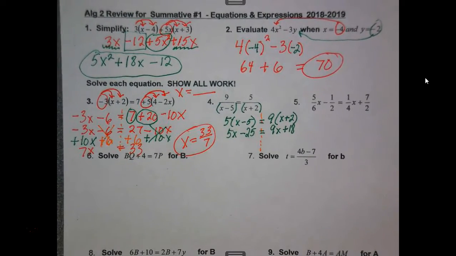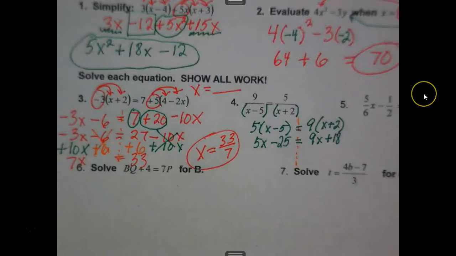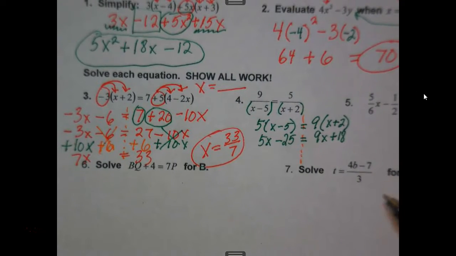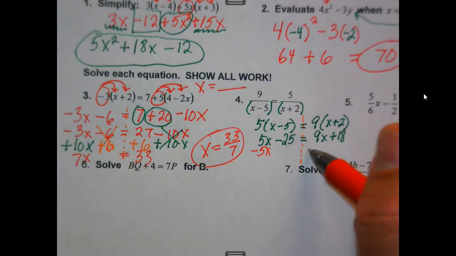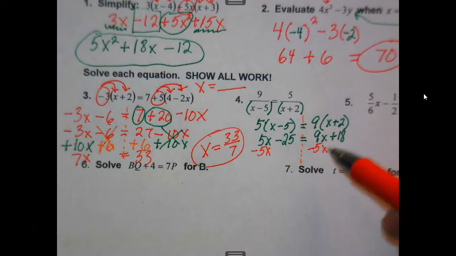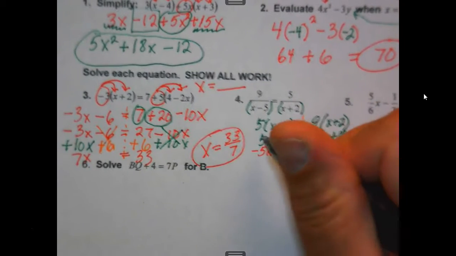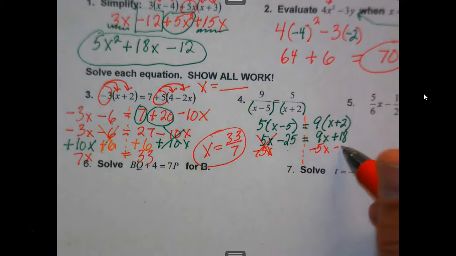So you're going to subtract 9x from 5x and 25, right? I'm going to subtract 5x from both sides. Well, it's just going to keep my x term positive. That's the only reason why I do it. Yes, you will come out with the same answer. So I've got to get this number to the other side. So I'm going to subtract 18.